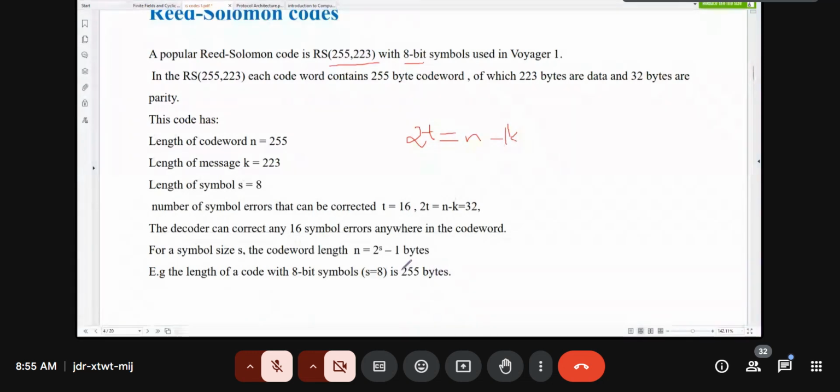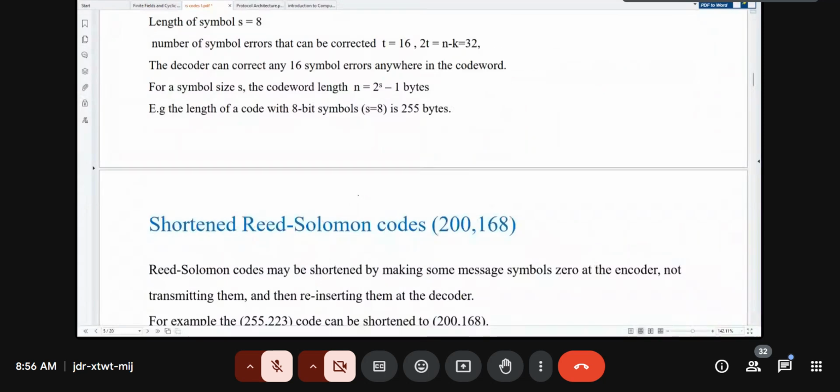I think that is very important to note. It has to work with all RS codes. Otherwise, it won't work with the formulas we have learned so far, with the use of minimal polynomials.